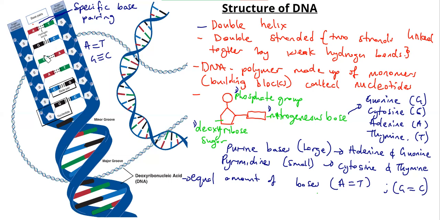So we can't have only one, like an extra thymine without a pair. We always have same numbers for complementary bases. Okay, that's what we need to know about the structure of the DNA.